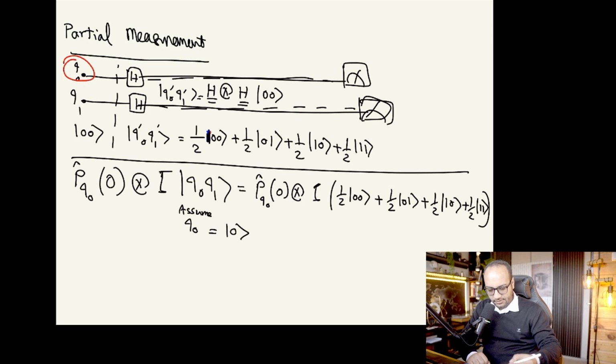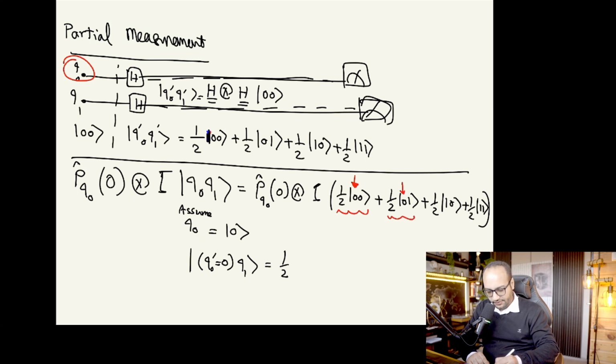Then this partial measurement will give me a new state where Q0 equals 0. Then I have Q1, which will end up having half. So when we measure it and find it in 0, all situations or configurations where the first qubit is 0 will stay, because this is now becoming definitive information for us, and the rest will disappear.